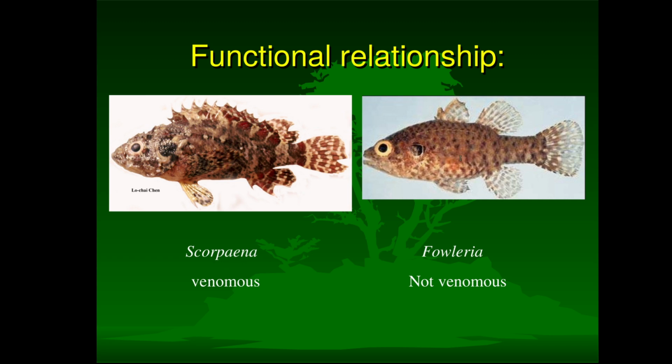What effect does the mimic have on Scorpaena? Does the model benefit or is it harmed by the mimicry? Or is there no effect on the model? Well, the model may actually be harmed by the mimicry. If the model is rare, then predators might not encounter it as often as they encounter the mimic. If they encounter the mimic often enough to learn that the mimic is perfectly fine to eat, they may also think the model is the same as the mimic, namely perfectly fine to eat, and try to consume it and kill or injure it.